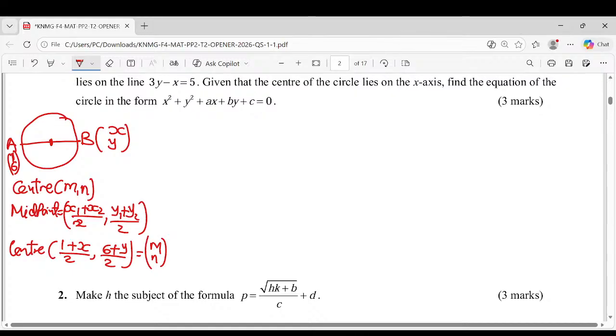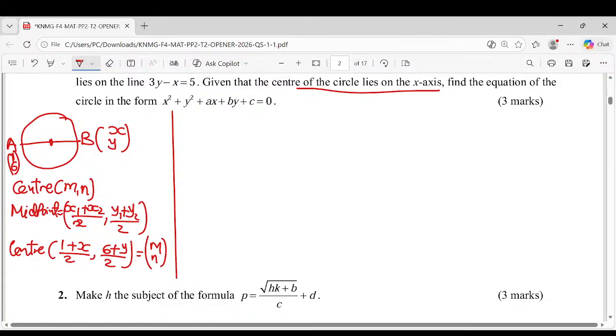I'm organizing my work so that you can easily understand. Having said that, ladies and gentlemen, look at this case whereby they are saying that the center of the circle lies on the x-axis. That is a very important point.